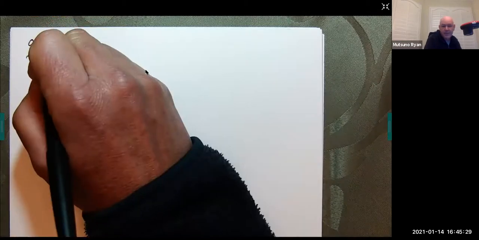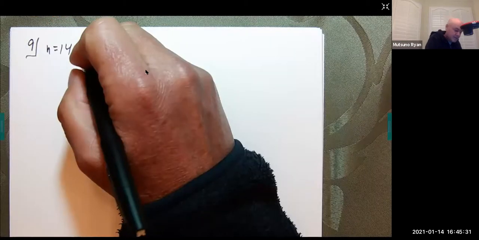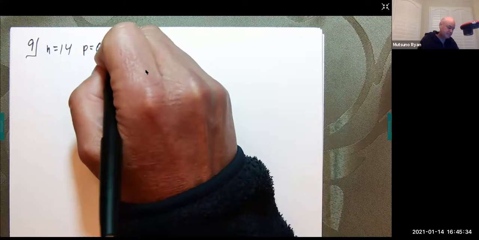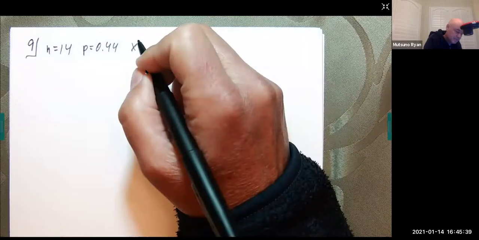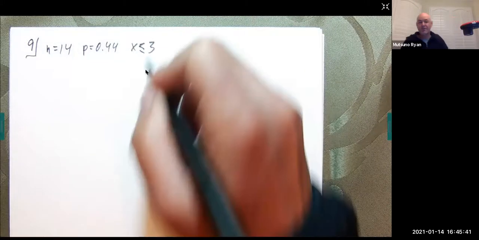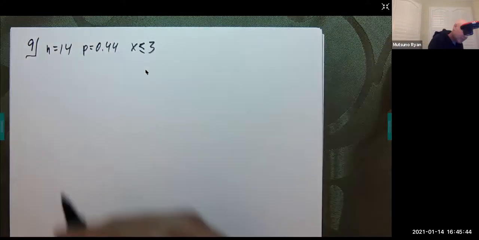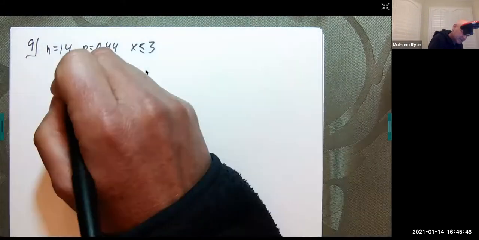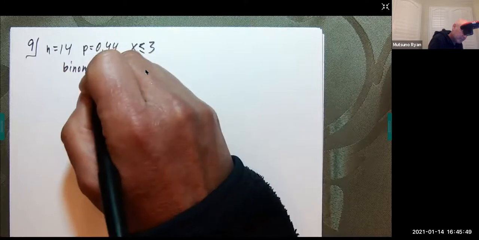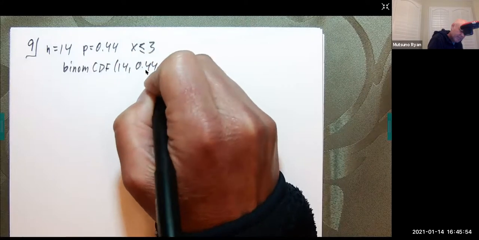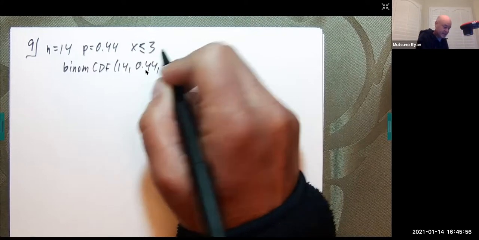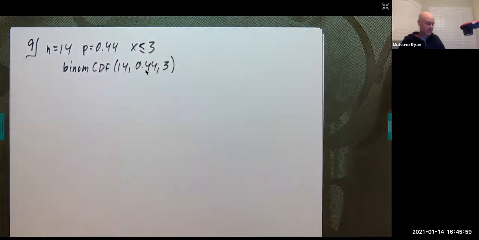Right? In this case, N is 14. P is 0.44. X is less than or equal to 3. So it says 3 or fewer. So this is regular binom because it's less than. And because it's less than, I don't have to do the 1 minus in this case.